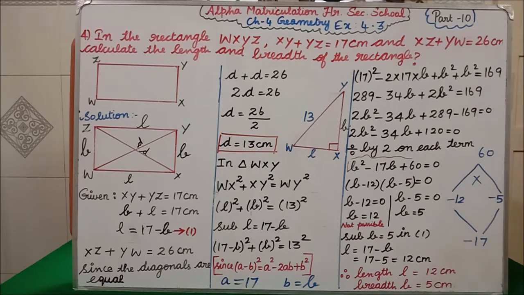I have written here. Clear? Now 17 square, the answer is 289, minus 17 into 2 is 34b, plus b square into b square plus b square is 2b square. We all know, isn't it?